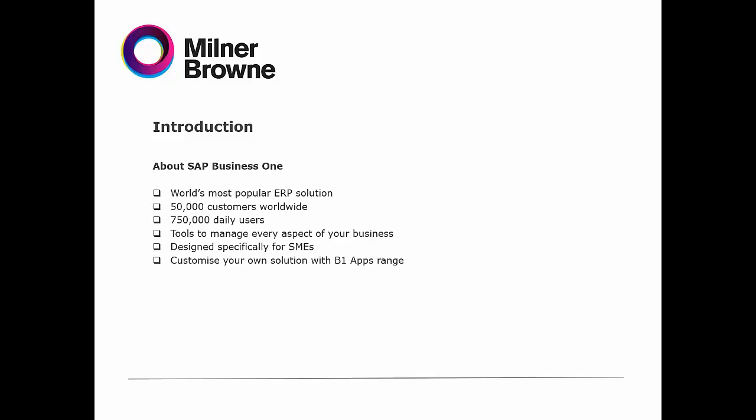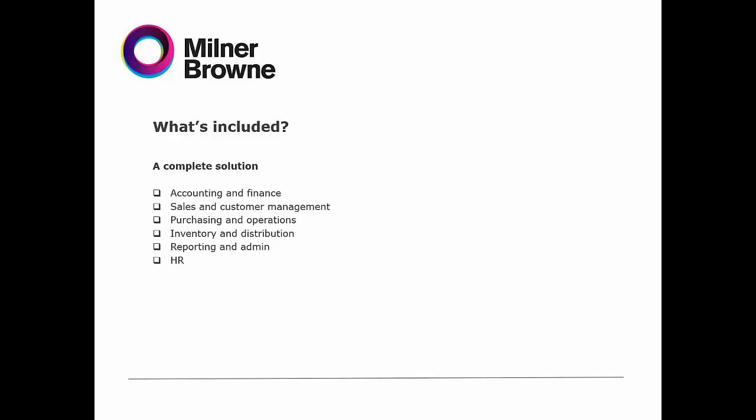On every new version there are new tools which have been developed in partnership with small businesses around the requirements they need on a daily basis. And as I mentioned, you can customize your solution with the Milner Browne B1 apps range. So what's included in SAP Business One?